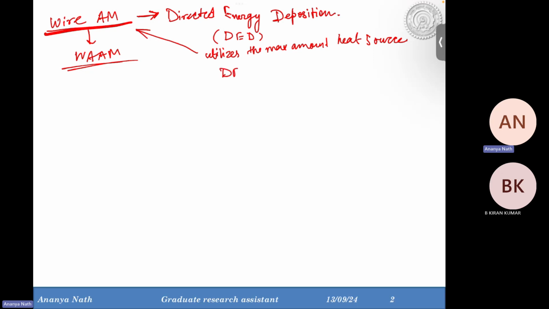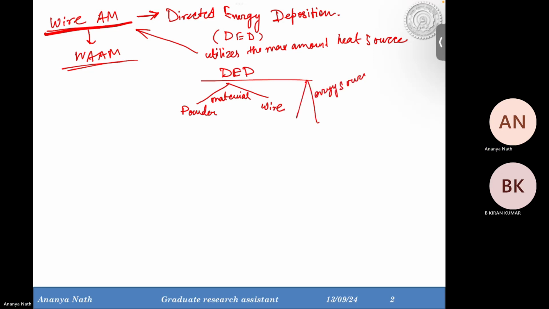So in DED, I'll go another way. On the material aspect, in DED we can use powder or wire, and on the energy source aspect, we can go to laser, arc, electron beam, or plasma.